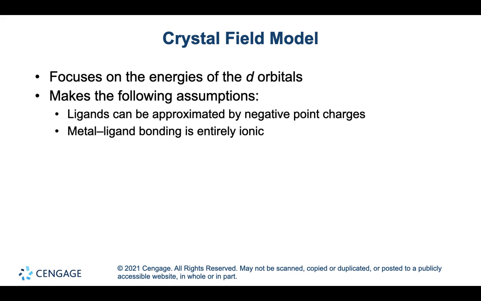So remember, the d orbitals can be dxy, dxz, dyz, dx squared minus y squared, and dz squared. And so we're sort of looking at it as a metal ligand bond being ionic.